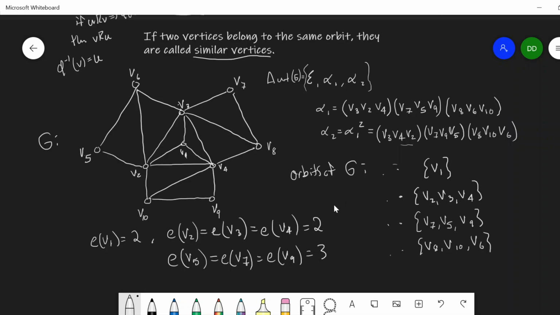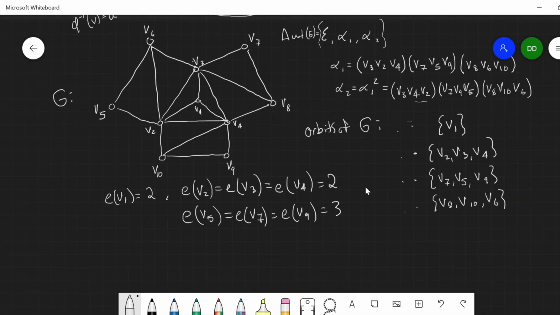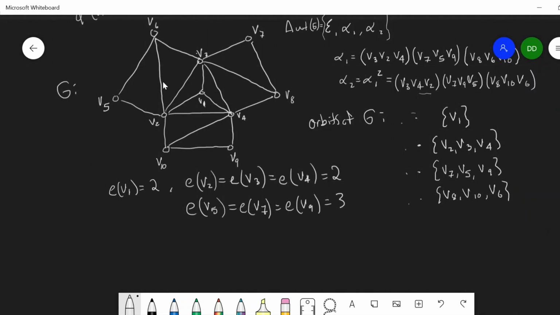And then the same should be true for V6, V10, and V8. Let me do a quick check. Yeah, it takes 3 to get to V9 from V6. So the eccentricity of V6 is the same as that of V8, the same as that of V10, and that's equal to 3 as well. So if two vertices are in the same orbit, then their eccentricities are the same.